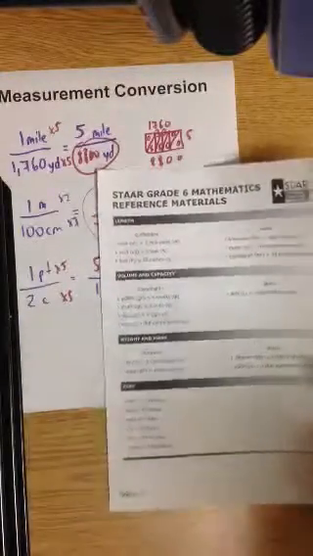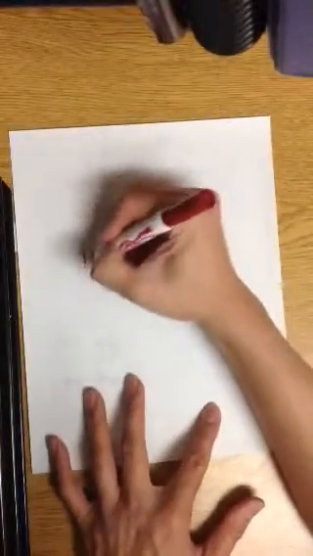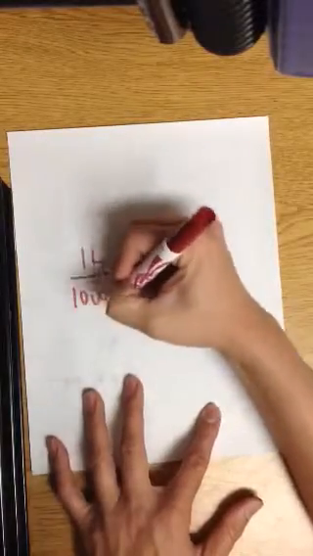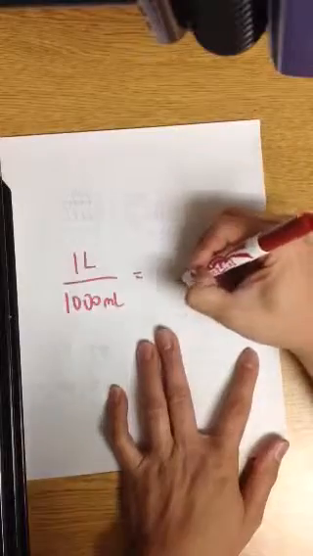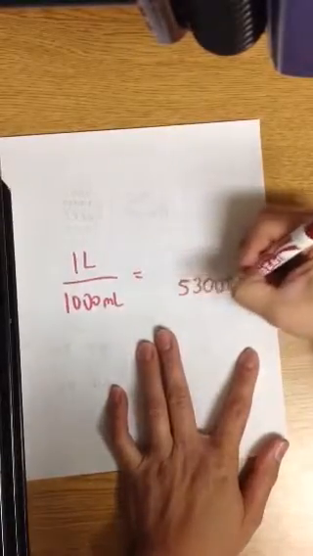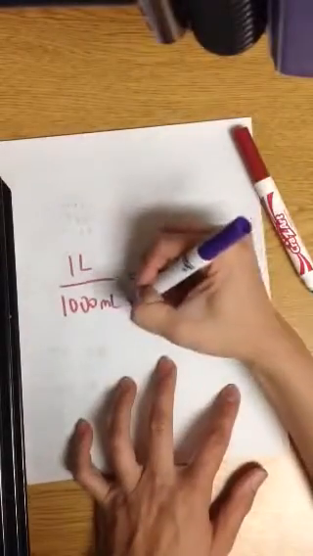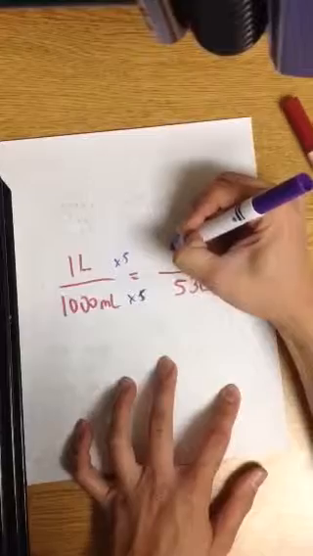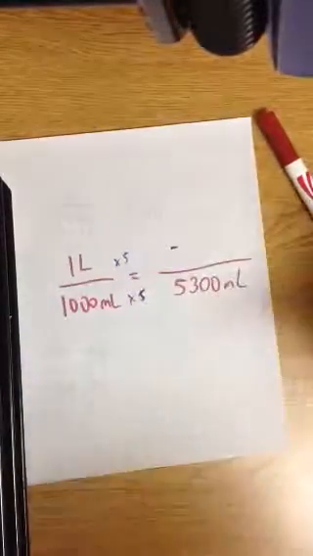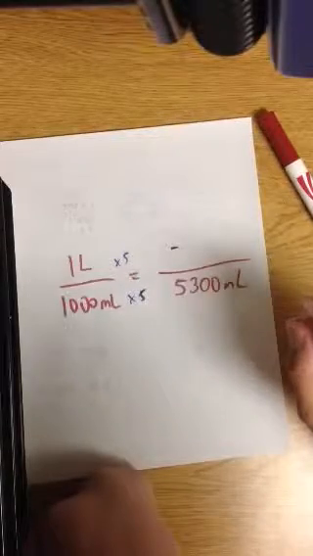So the last thing in conversion is decimals. For example, 1 liter is 1,000 milliliters. Imagine someone has 5,300 milliliters. What is their scale factor? Times 5, times 5. But that's only 5,000. That doesn't cover enough. So it's going to be a decimal.